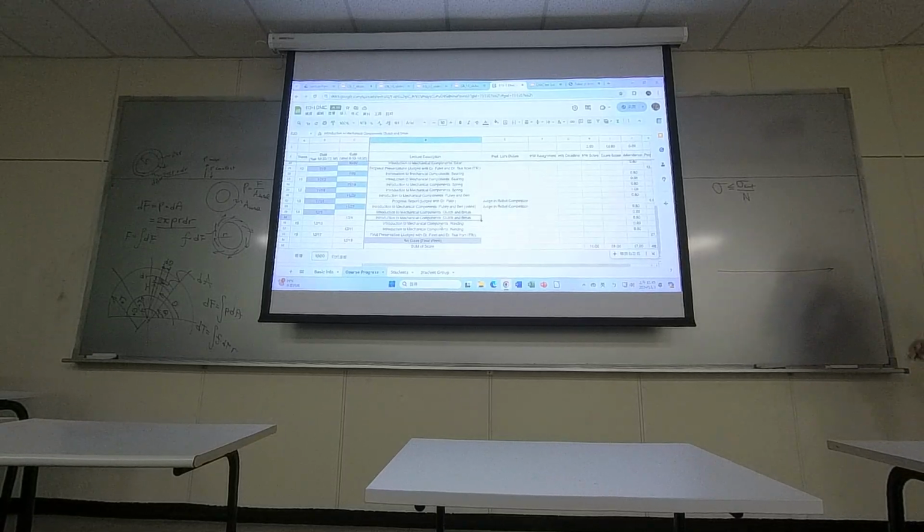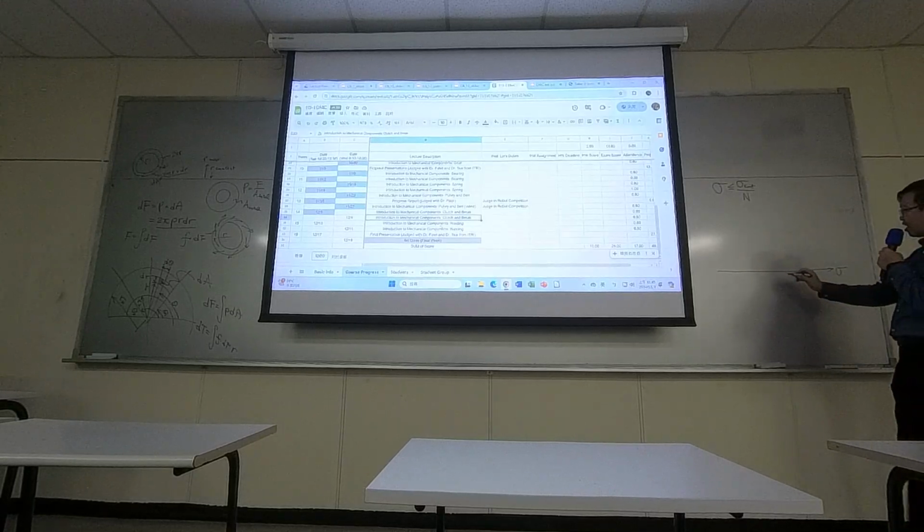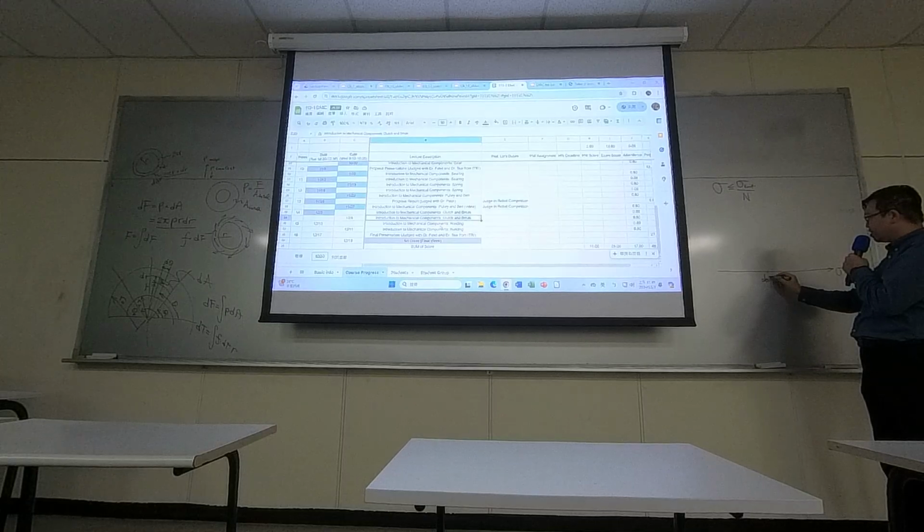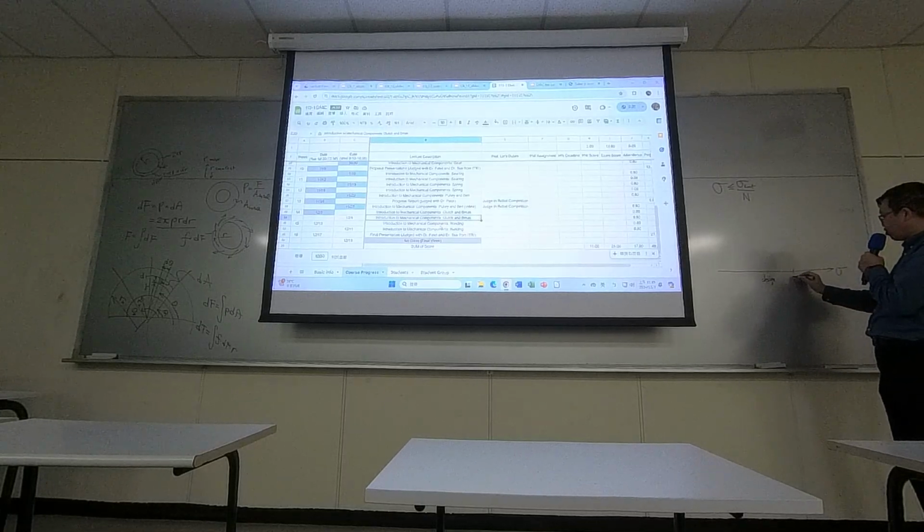Think of one matter as along one axis. If this is the stress coordinate, and you have a certain design, here is your design, and here's your upper limit.